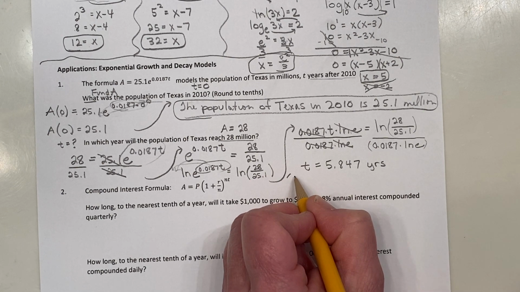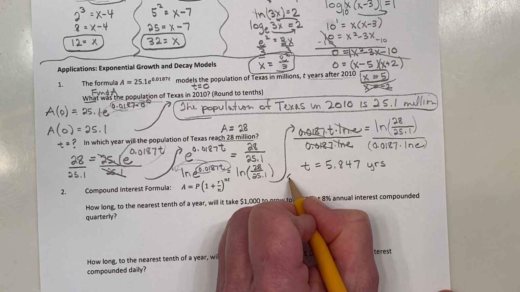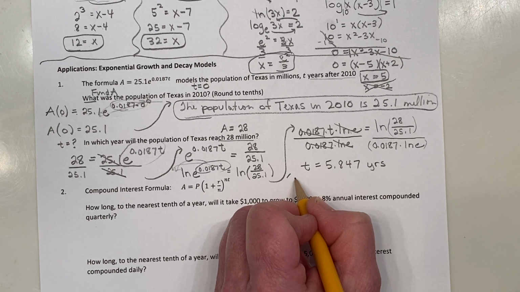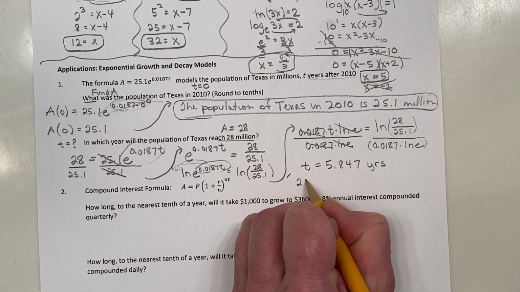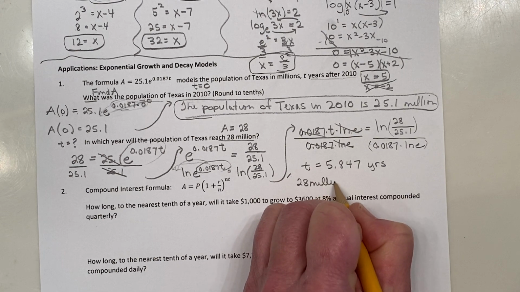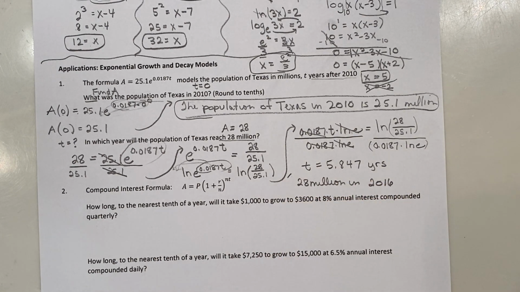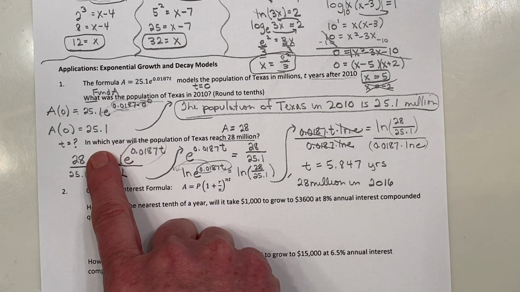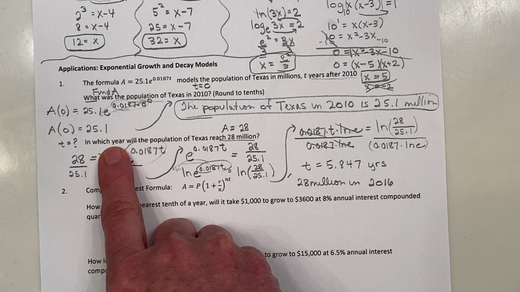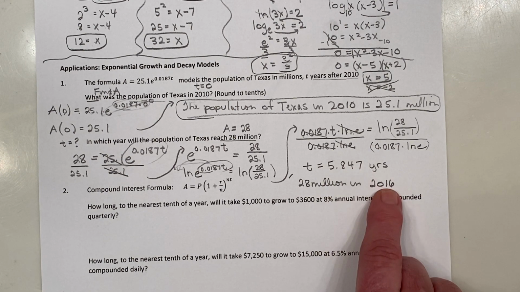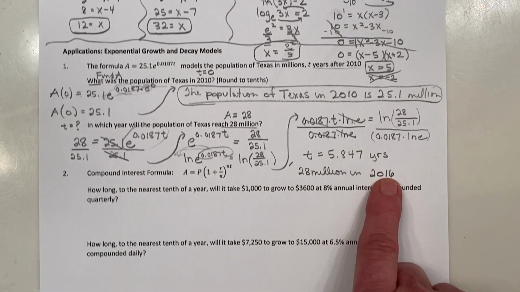The population of Texas will reach 28 million in 2016, because it's asking me the year. So you always want to go back and look at the question and make sure you're answering the question. The answer isn't 5.847, but it helps us understand that the answer would be 2016.